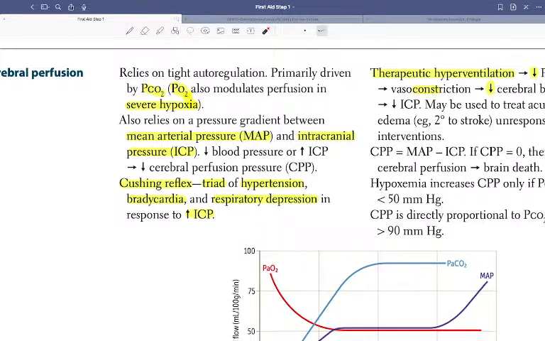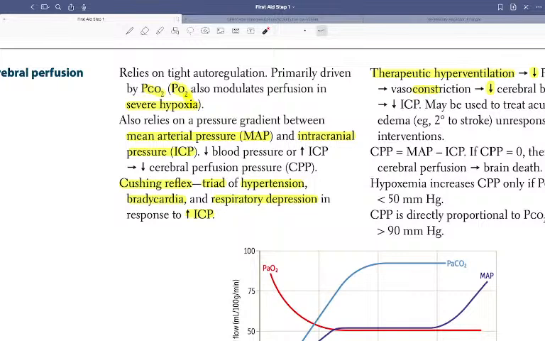So here you have a mean arterial pressure and you have intracranial pressure. PO2 modulates perfusion only in case of severe hypoxia, but most of the time it is PCO2. Now the most important thing: decreased BP or increased ICP decreases the cerebral perfusion pressure.